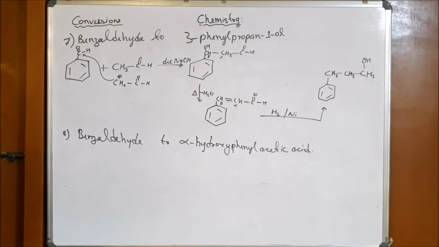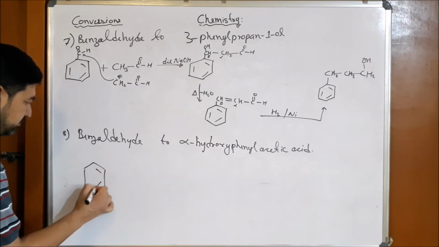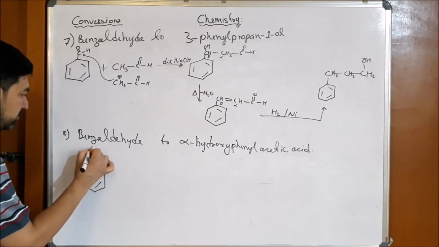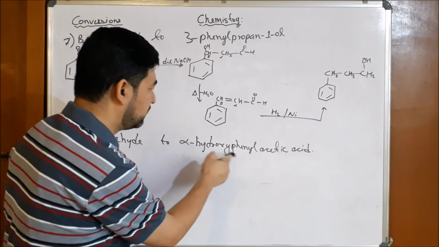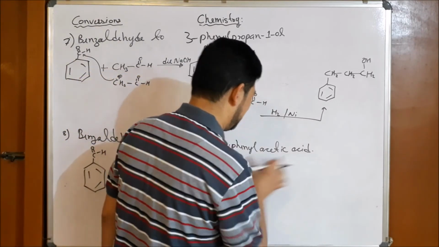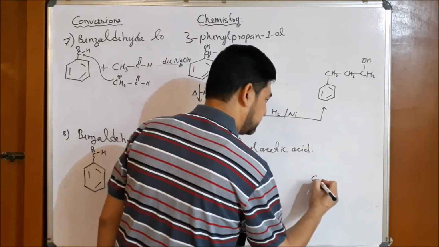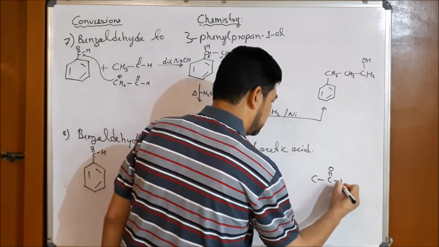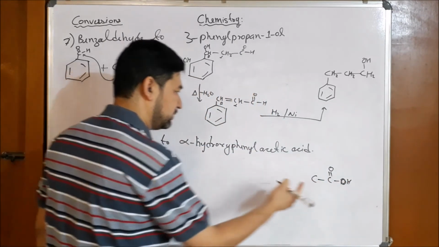The next reaction is benzaldehyde. Benzaldehyde has a C double bond O. Then it's alpha hydroxy phenyl acetic acid. Acetic acid is a common name basically. Acetic acid is CH2 with 2 carbons, right? OH. Then this is the alpha position.